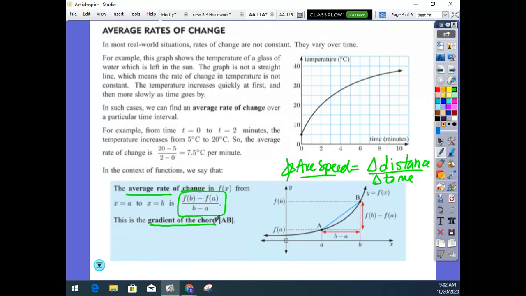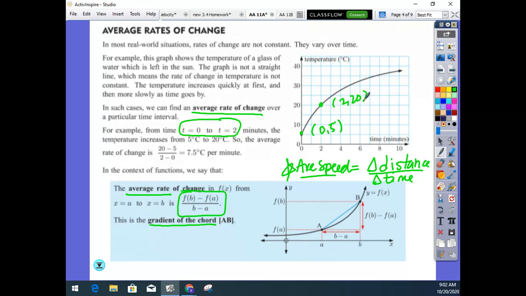Like, if we look at this example here, if I want to find the average rate of change over a time interval, say from 0 to 2, I would just find the points (0, 5) and (2, 20).